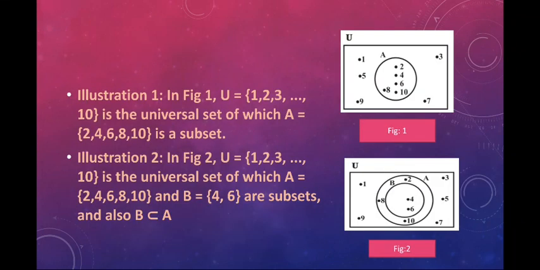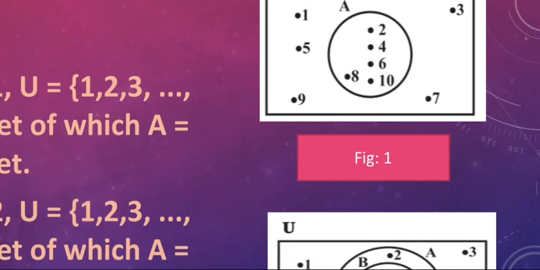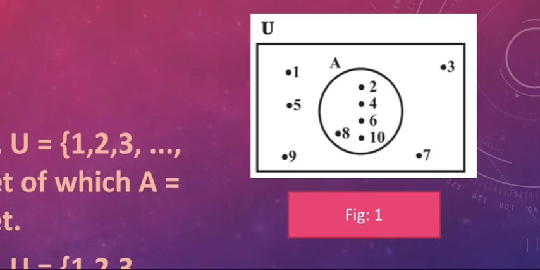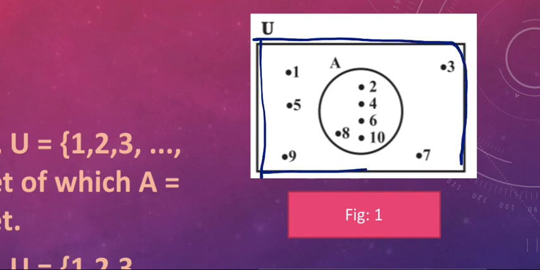Now, if you look at figure 1, the universal set is the collection of 1, 2, 3, 4, 5, 6, 7, 8, 9, 10, where A is a subset of this universal set and A contains 2, 4, 6, 8 and 10. This rectangle is the universal set containing the elements from 1 to 10.